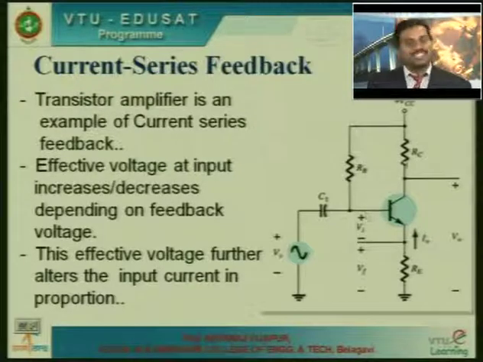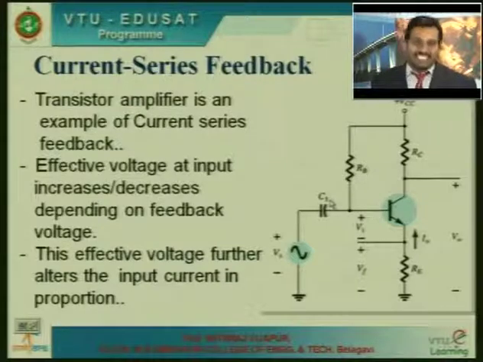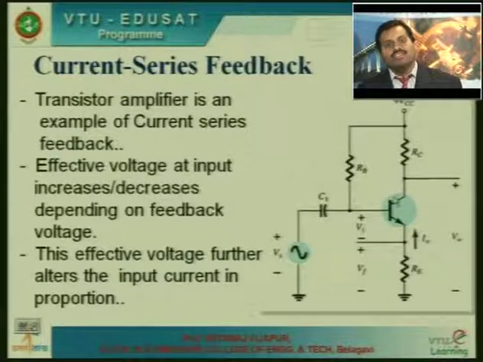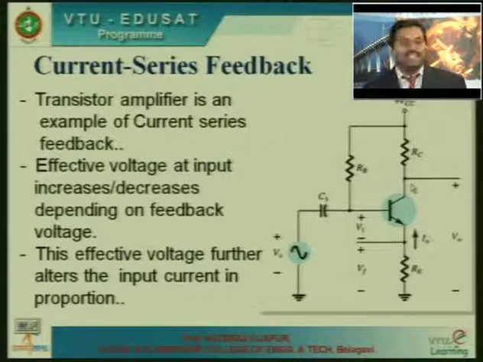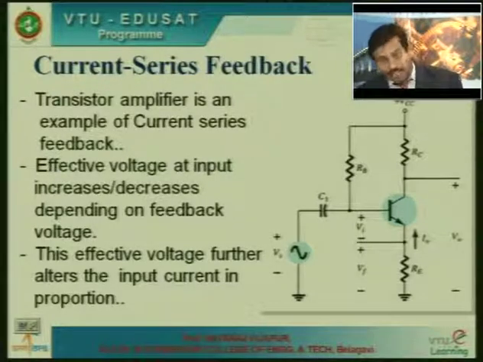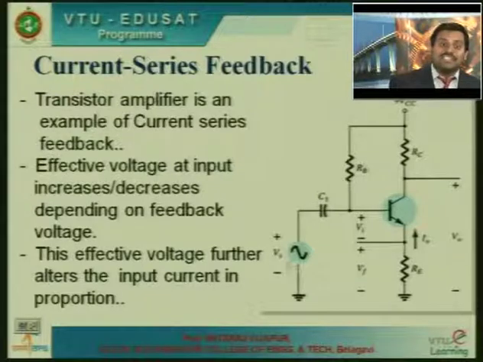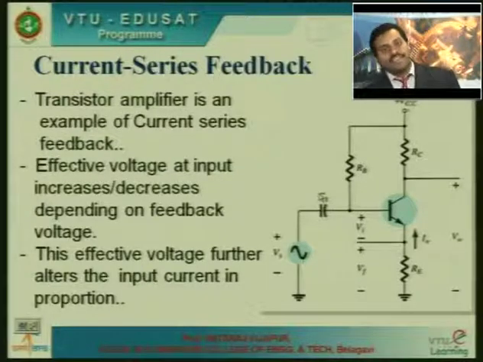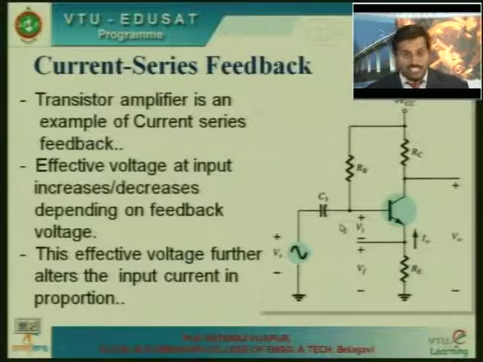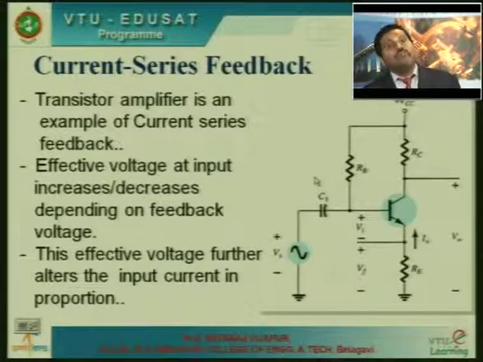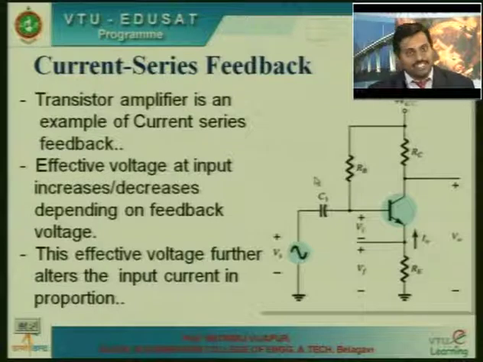If IB decreases, IC will correspondingly decrease. Here I am talking about instantaneous currents. This is how the feedback happens, and the Q point is maintained, or the stability is maintained if it is an operation with an AC signal. This feedback ensures removal of noise and distortions, and also improves the linearity of the operation.